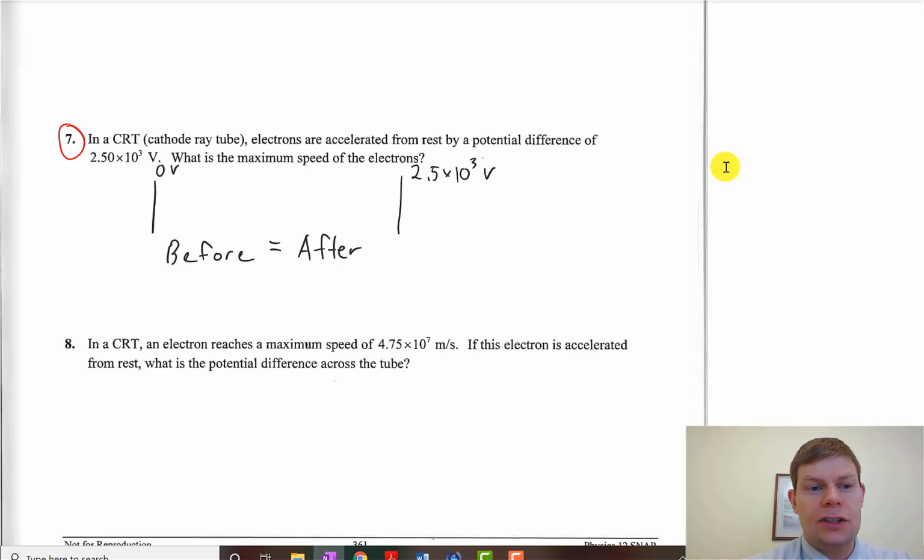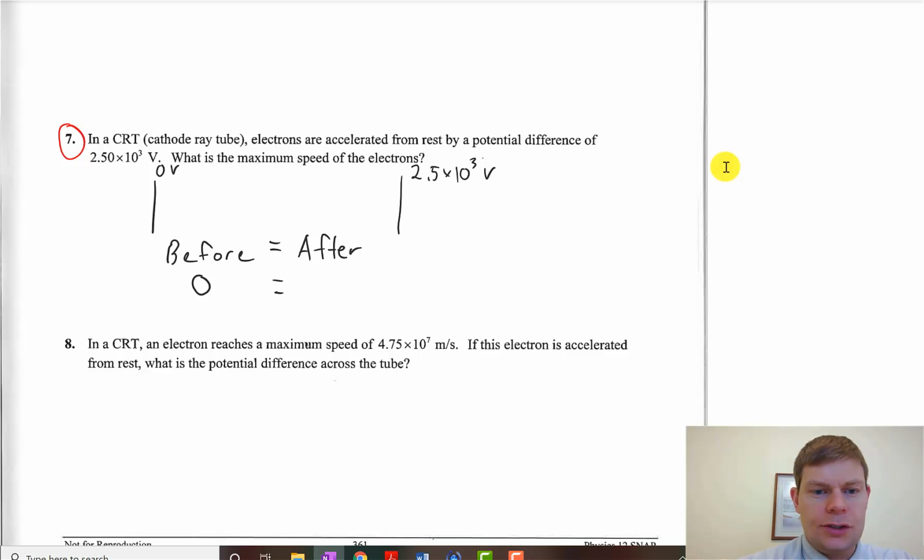So basically it's going to lose a ton of potential energy, and all that's going to become kinetic. So it's just energy before equals after. Before, we've got 0 potential energy because it's 0 volts, and VQ is our potential energy. And it's at rest right here. So here's where it starts. It's got 0 potential energy and 0 kinetic.